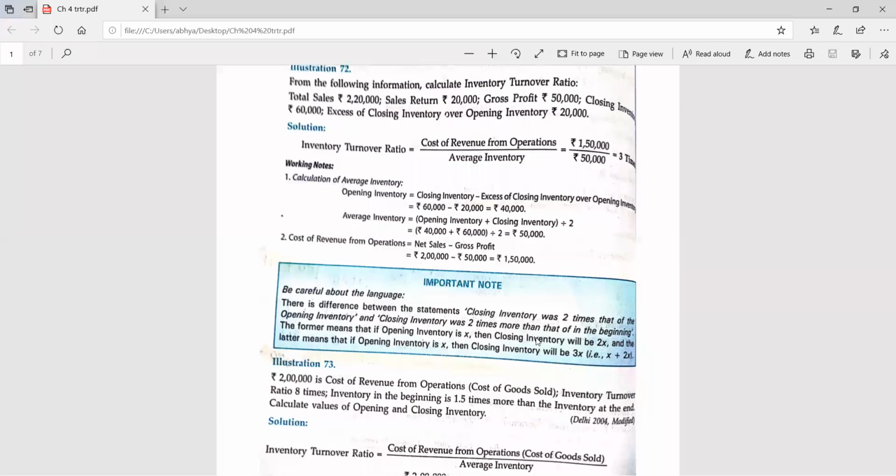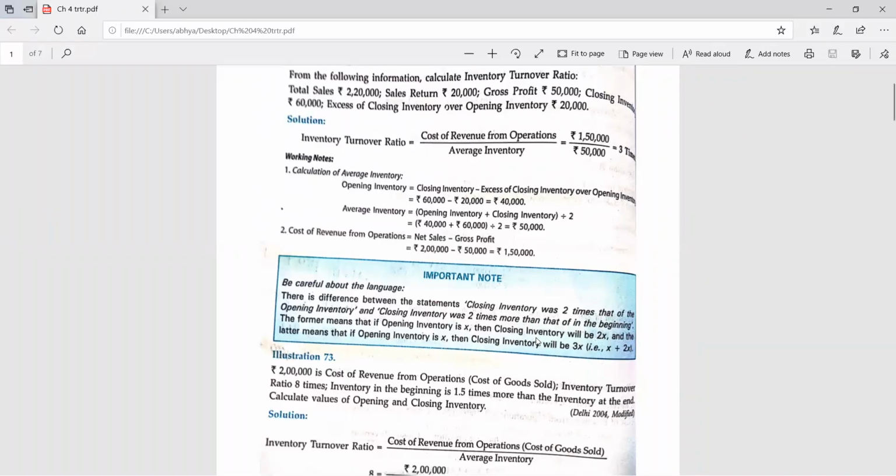When 2 times more is written, then we first do the 2 times, then add the opening inventory. So the equation will be 2x plus x. If it is only written closing inventory was 2 times, then just double. If 3 times, then just triple. But if it is written 2 times more, more here means addition. It means it is 2 times plus the opening inventory, whichever we have taken as X.